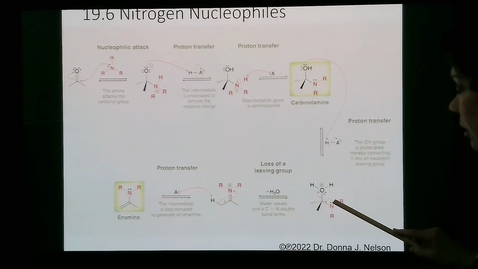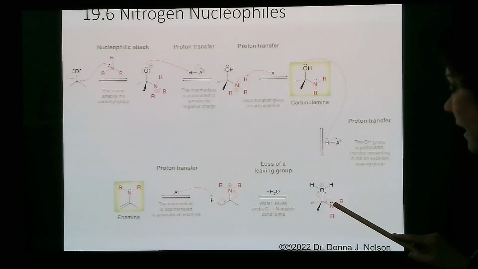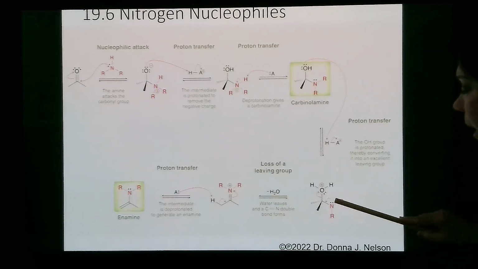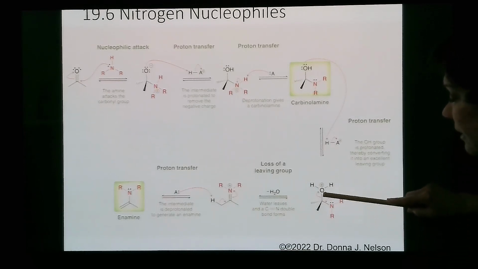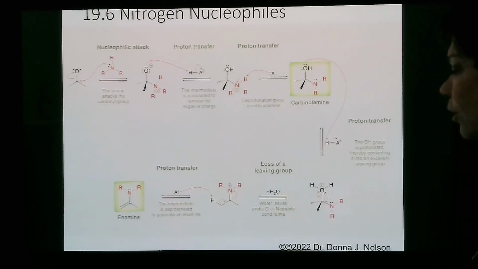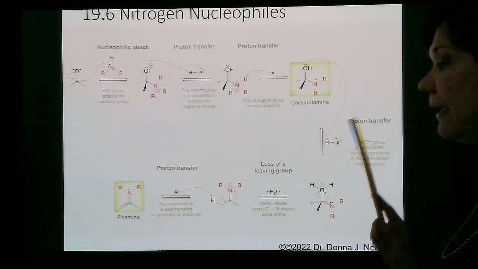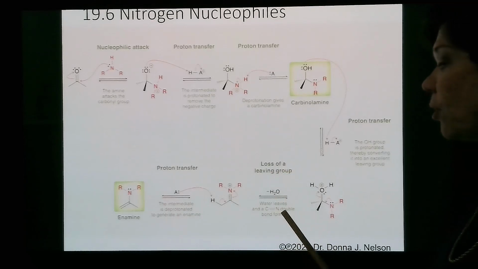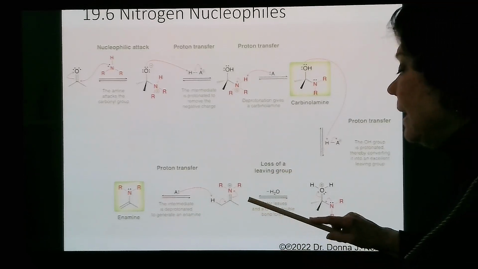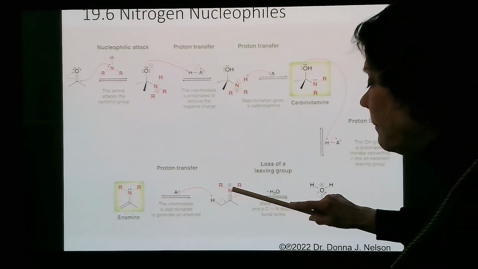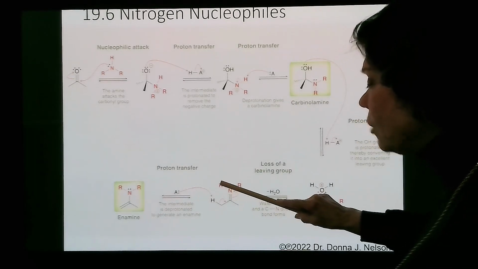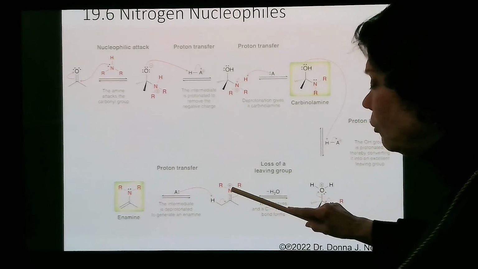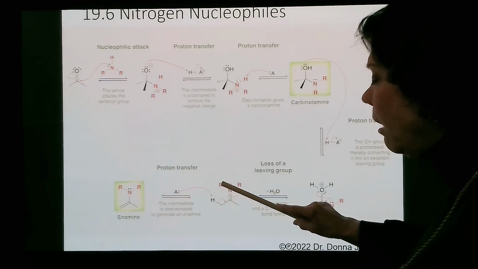A pair of electrons on nitrogen moves in to form a carbon-nitrogen pi bond, and that facilitates the departure of the leaving group. The carbon-nitrogen pi bond is formed just as before. This mechanism so far is exactly the same as in the previous slide, except in this case, nitrogen is not bearing a proton. You do not have the NH bond here.